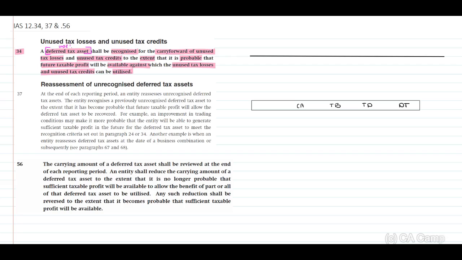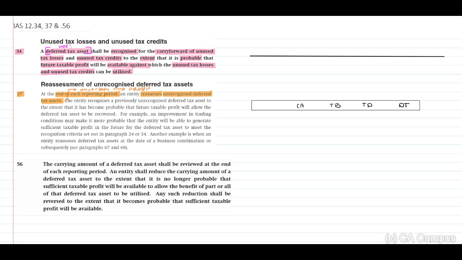Then, when you look at paragraph 37, at the end of each reporting period, an entity reassesses unrecognized deferred tax assets. Now, remember, when will an unrecognized deferred tax asset exist? When they were uncertain in terms of future profits.